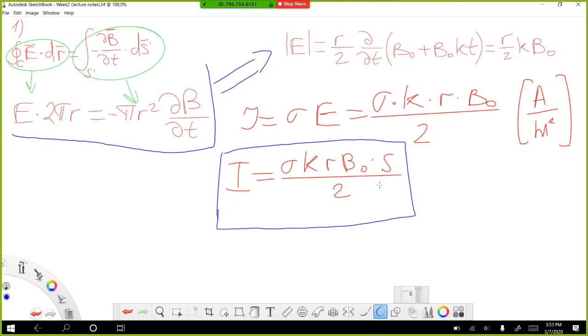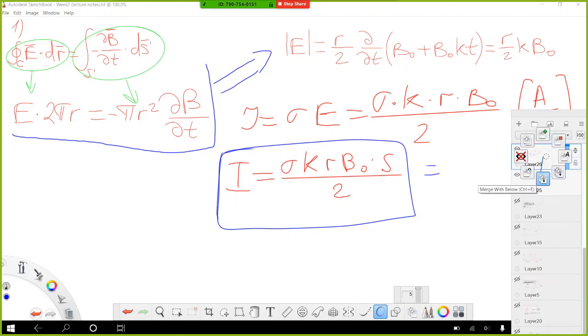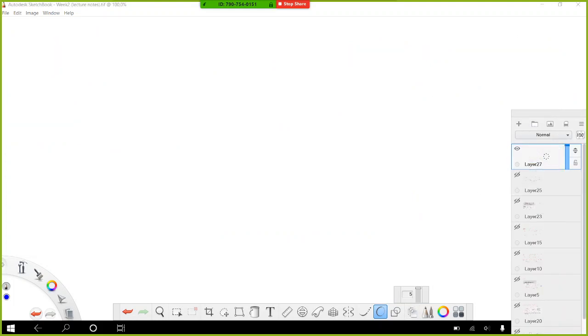Here we found the induced current in our ring because of the increase of magnetic flux density. This was the first method. So here you can put numeric values and then find the numeric value for I. I will just continue with the second method.